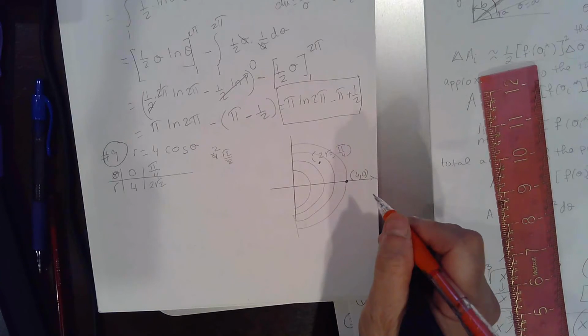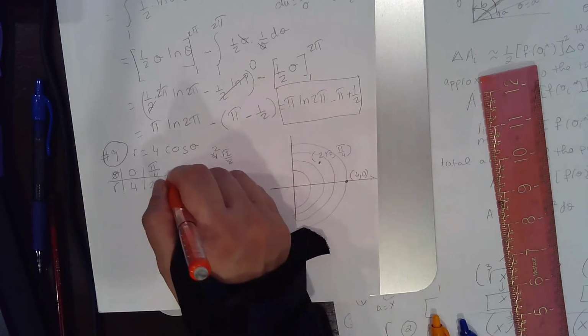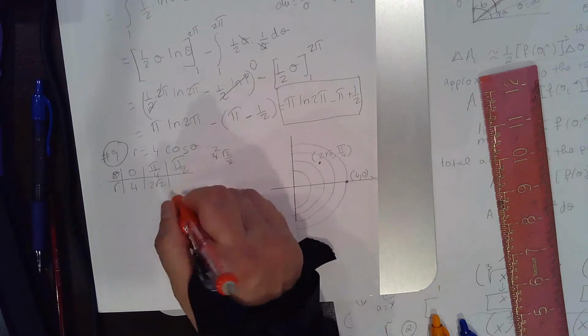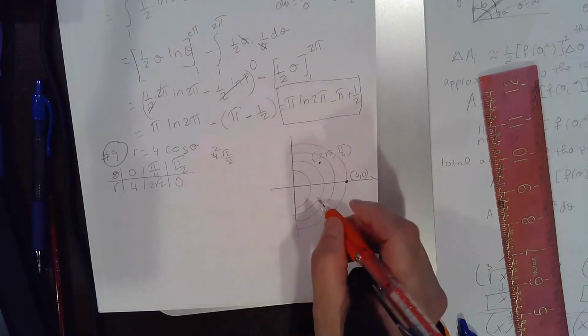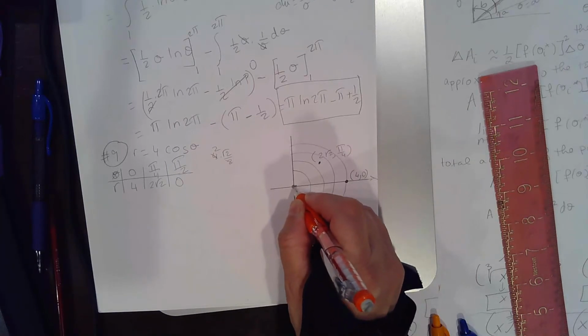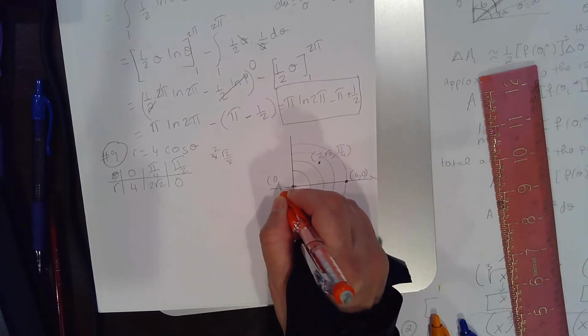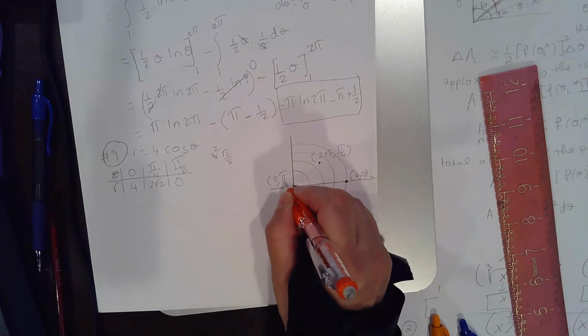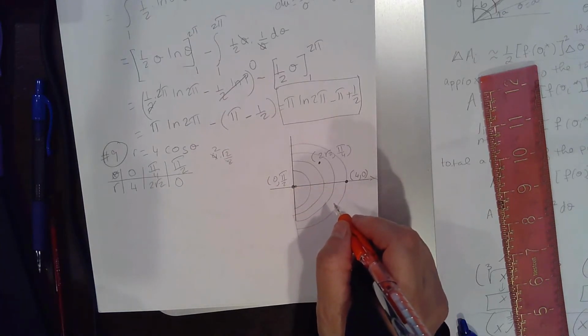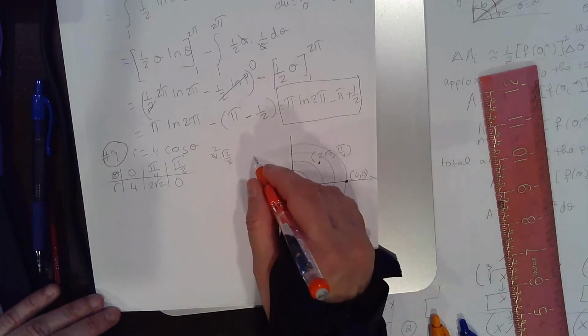And now if we go to pi over 2, when theta is pi over 2, cosine pi over 2 is 0. So that point right here is r 0 and the angle pi over 2. Now if you go ahead and choose 3 pi over 4, 3 pi over 4 is here.